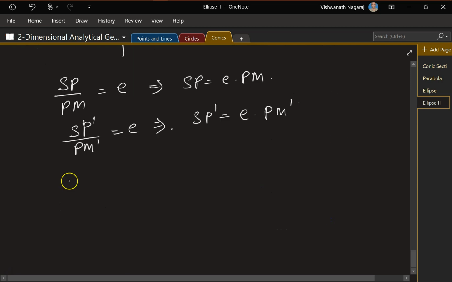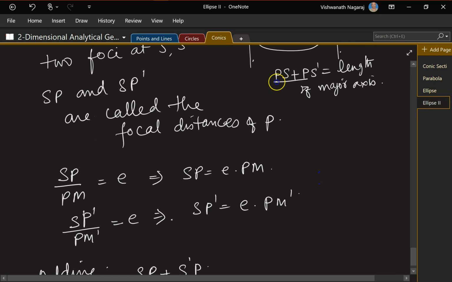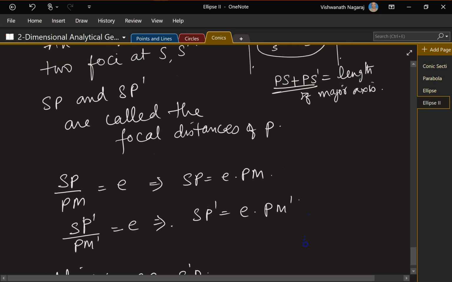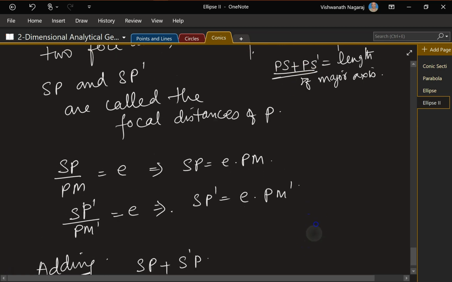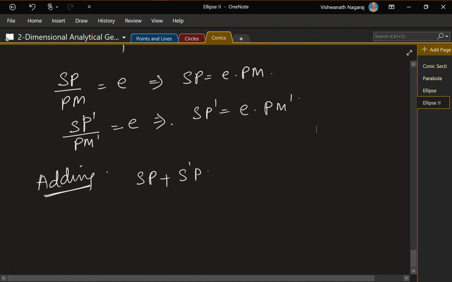Now let's add these two. Adding, we get SP plus S dash P. Why we are adding? Because here the interesting aspect says that the sum of these two is equal to the length of the major axis. So E times PM plus PM dash, or we can say E dot M M dash. PM plus PM dash is nothing but the distance between M and M dash. Why?